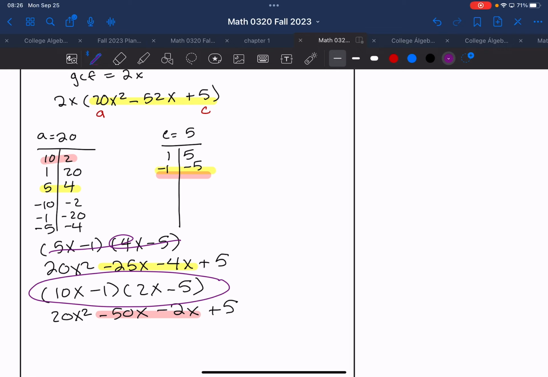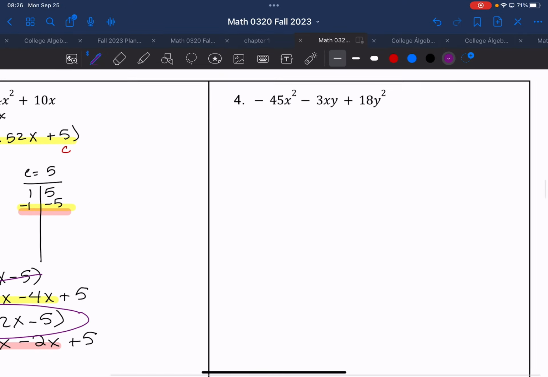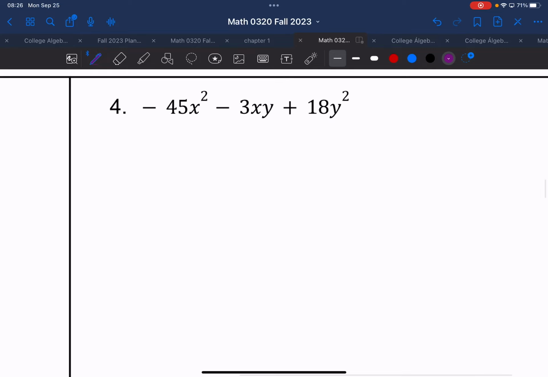Okay, and then the last one we're going to do for these notes is number 4. So on number 4, what do we notice about this problem? Starts with a negative. Okay, we notice it starts with a negative. Good.